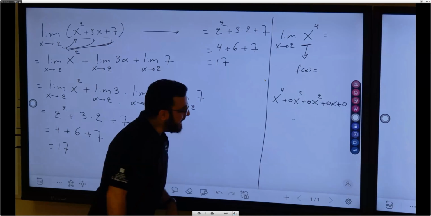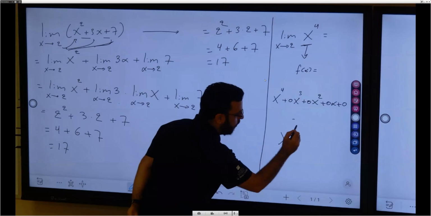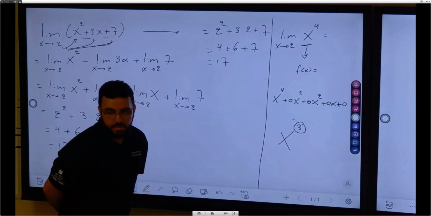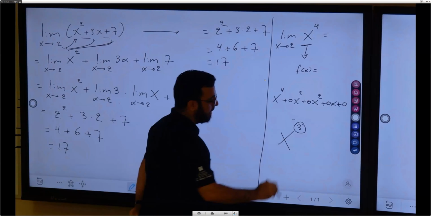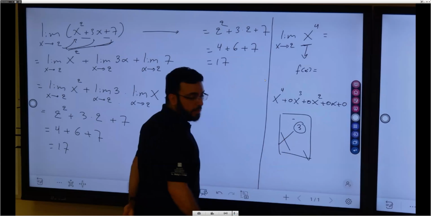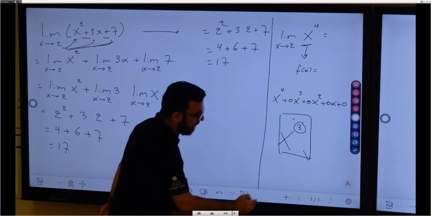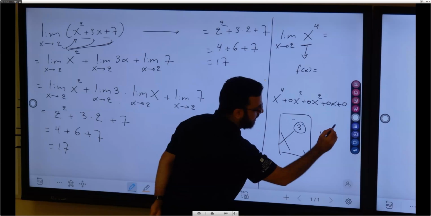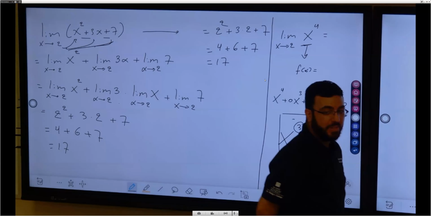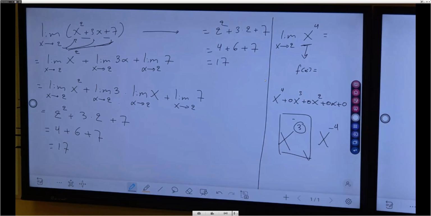So any number, any variable with positive power is polynomial. Okay, so keep this note in your mind. Any variable with positive number, it's a polynomial. What about this one? Is that polynomial? No, it's not polynomial. Okay. And don't worry about the coefficient. If there's coefficient, don't look at the coefficient.